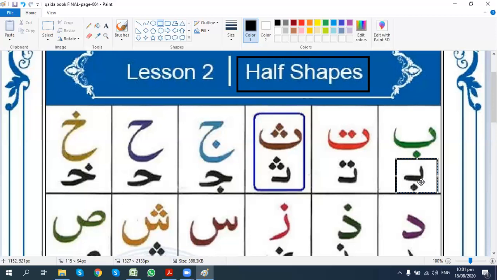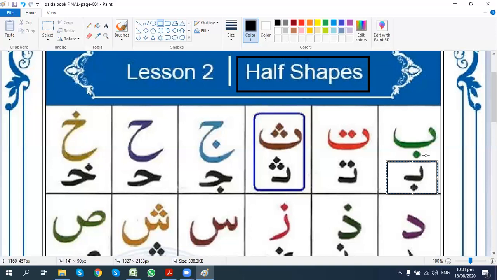So here you can just ask your student, tell me which letter is that, and because you already taught this letter before, he or she will tell you very easily. And then you can point out the bottom of that letter and ask, now tell me what is the bottom of ba. I am sure your student will tell you that it is also ba. Why?